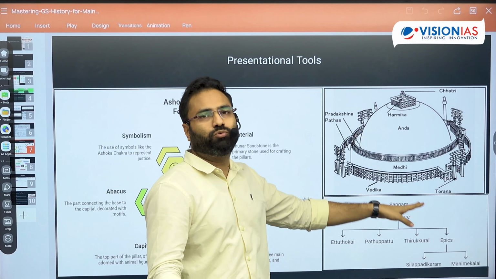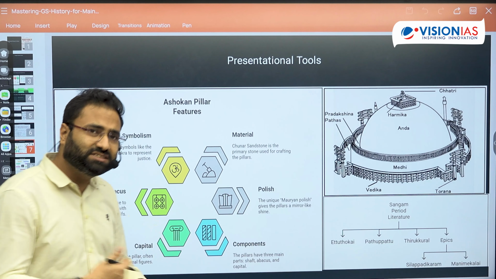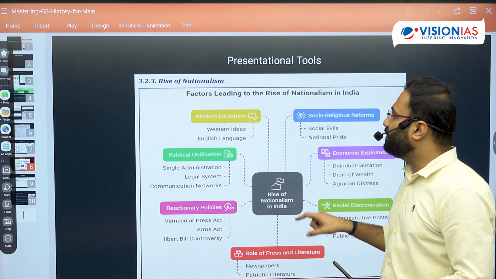So Ettuthogai is there, Pattuppattu is there, Tirukkural is there, and there are epics like Silappadikaram and Manimekalai. So what you can do is make a flow chart of the first Sangam, second Sangam, third Sangam, and the personalities who presided over that particular Sangam, if there is a question about it. So that adds value, and this document is providing you those kinds of values.